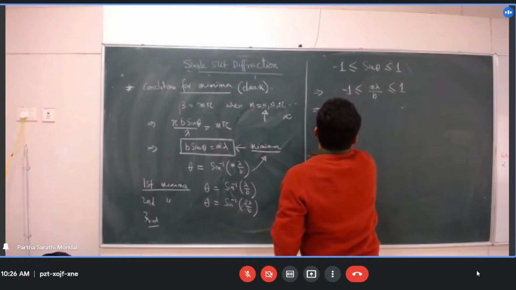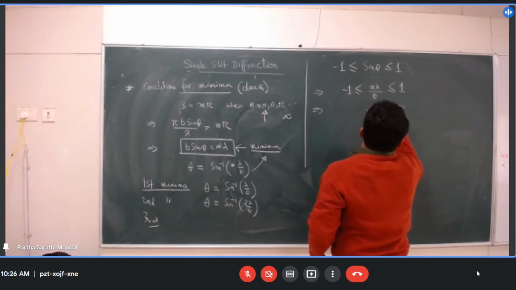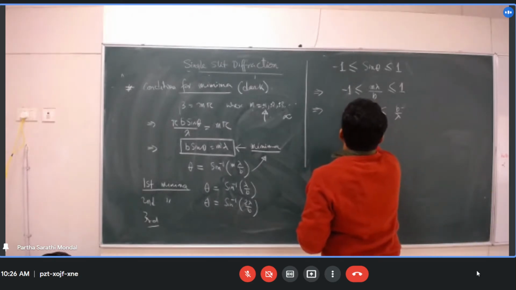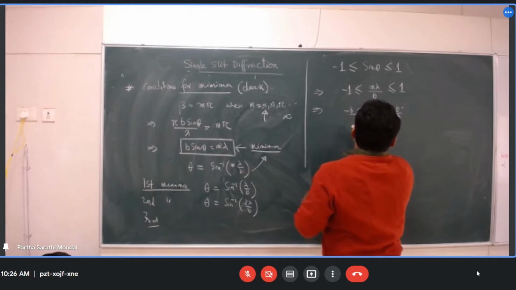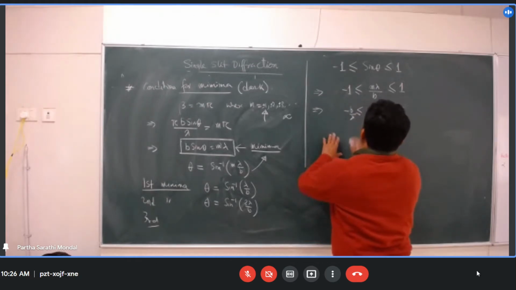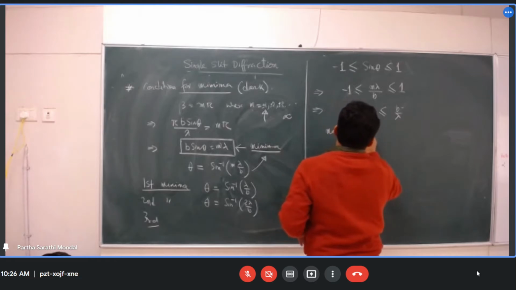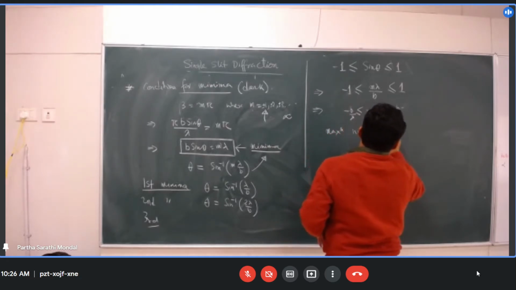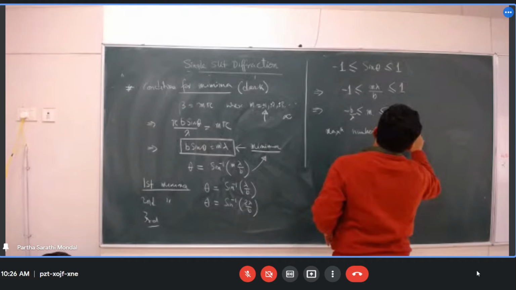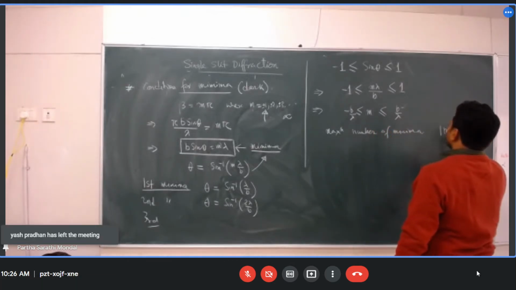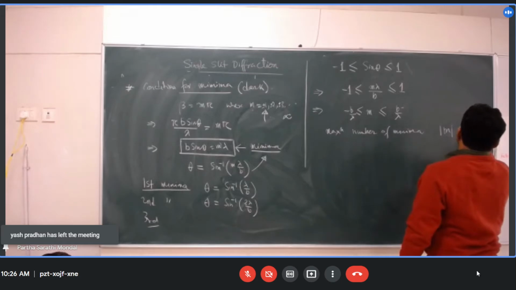That means the value of m is restricted by b by lambda. So the maximum number of minima is restricted by m less than b by lambda.